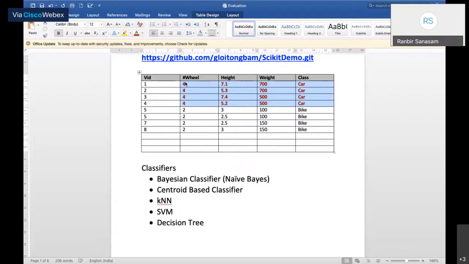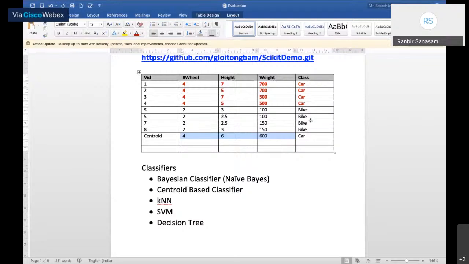If I try to find the centroid of car, this is 4, and initially I was having 7, 5, just to make it easier. Then the centroid might be somewhere around 6, and somewhere around 600. So this is the centroid for car: 4, 6, and 600. This is the central point for the car, right?